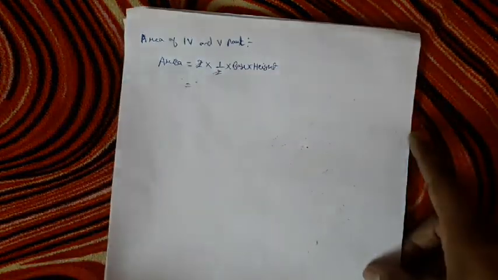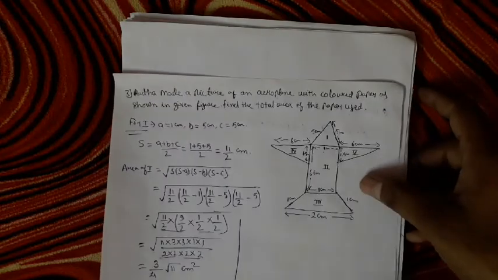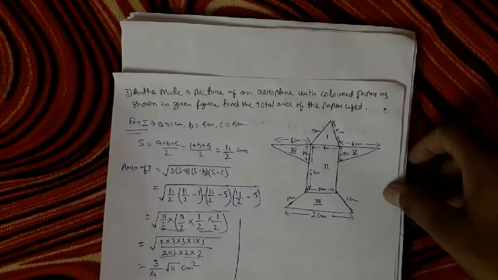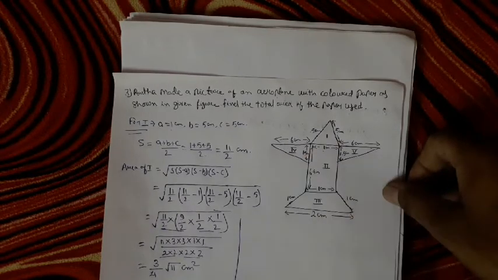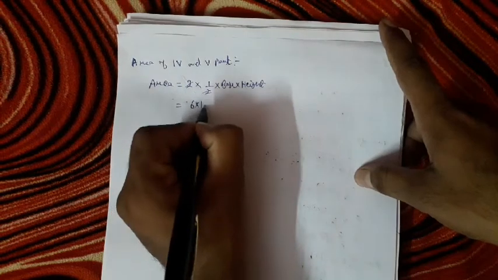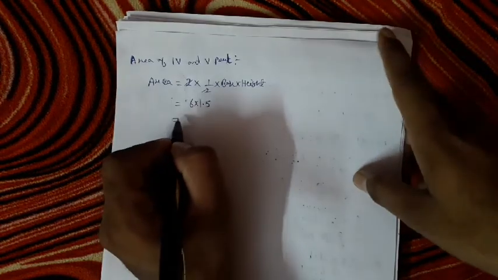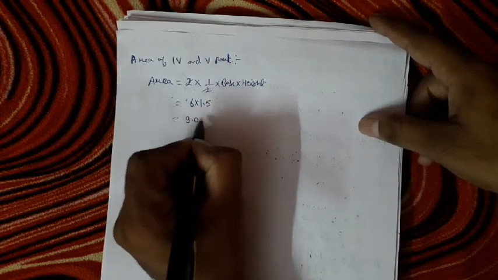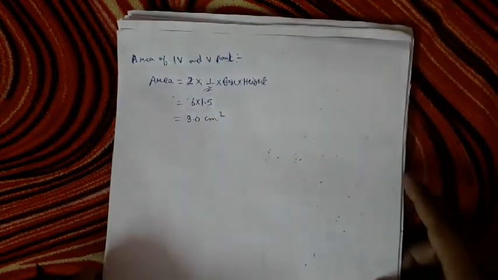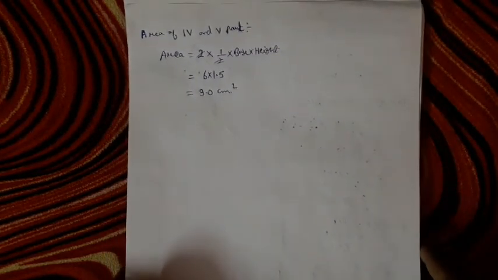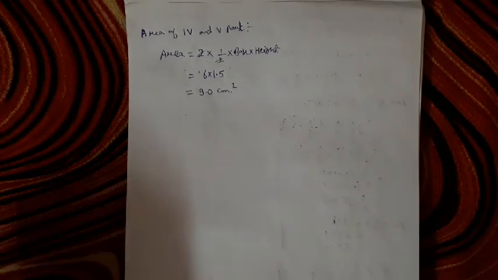When you see the figure, the base is 6 and the height is 1.5 centimeter. Multiplying 6 and 1.5, you get 9.0, meaning 9 centimeter square. This is the area of the fourth and fifth parts both. Along with the fourth, I have found the fifth also.